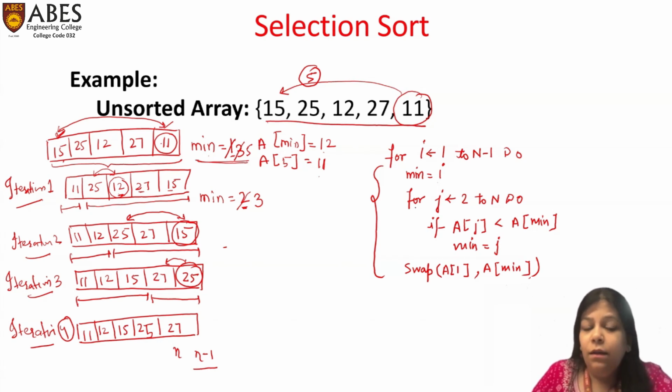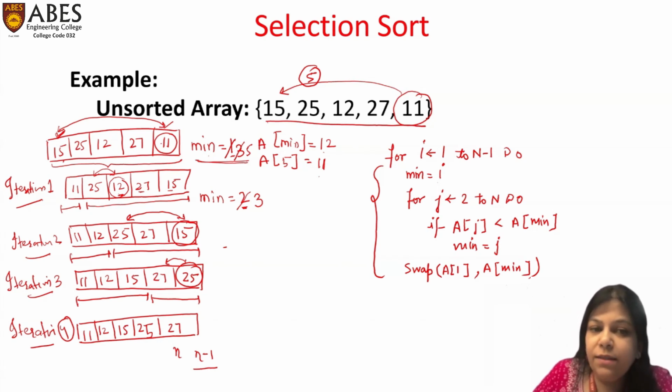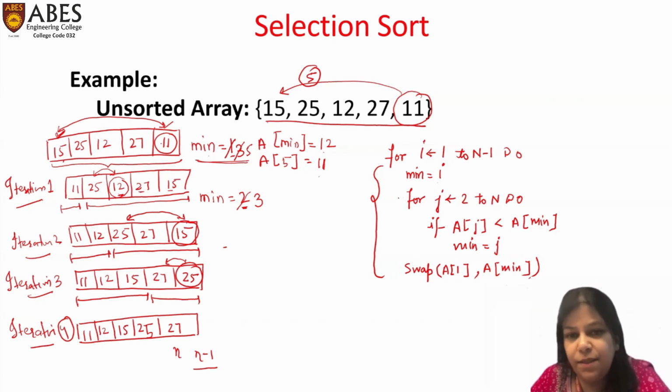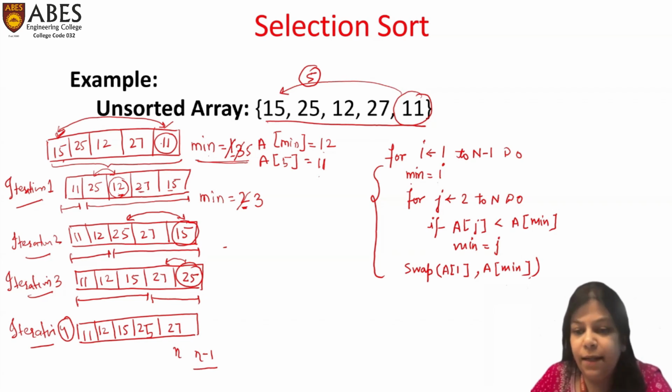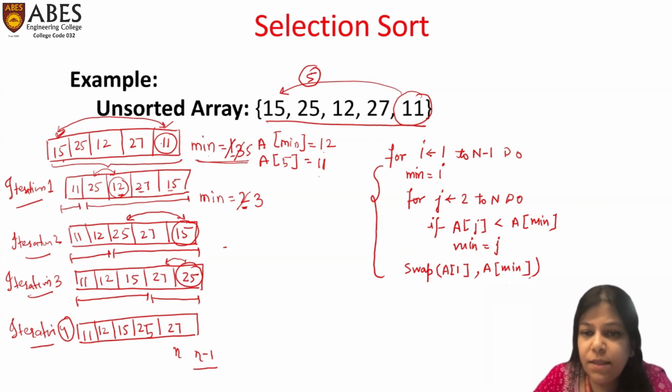And then whichever element we are considering as minimum at the beginning of the iteration will be compared with all the next elements, starting with the just adjacent element, right? So that means this j is starting from i plus 1, isn't it? This is starting from i plus 1.